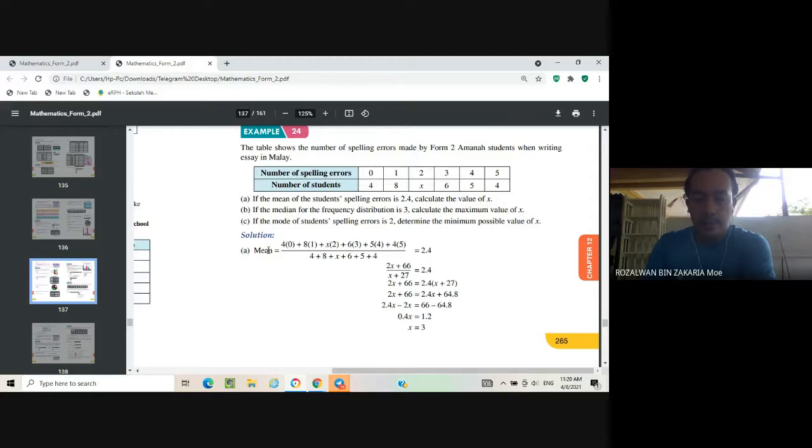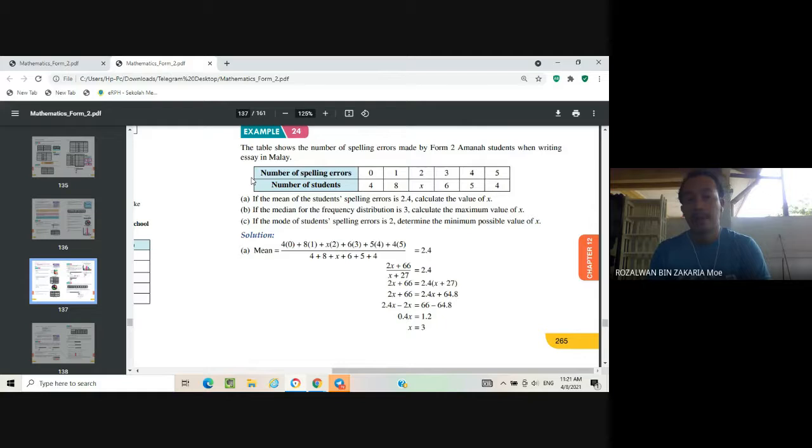For A, the question asks you to calculate the value of x if the mean of the student spelling errors is 2.4. So remember the formula to find the mean for grouped data. We call this grouped data because the data is given to you in a frequency distribution table.